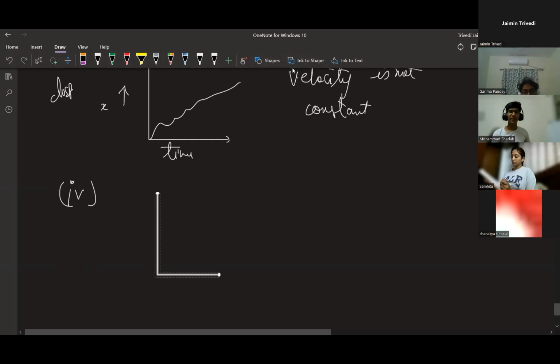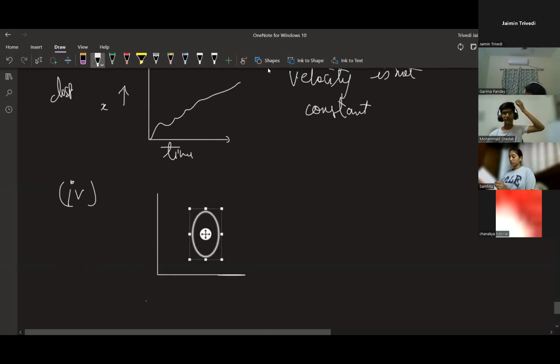The graph of a quadratic equation. Okay, so this is your parabola.